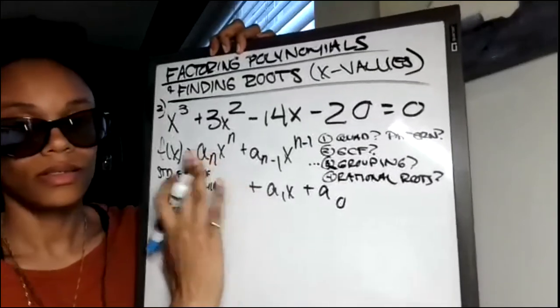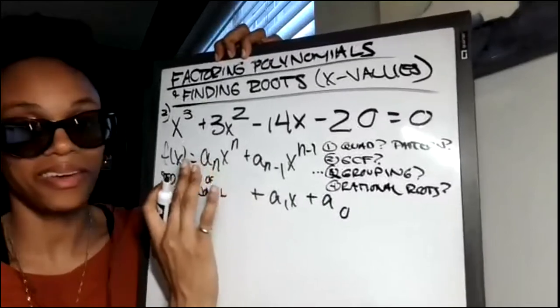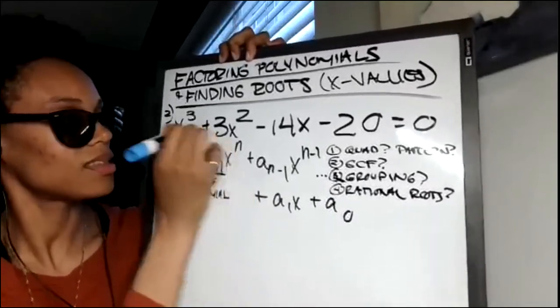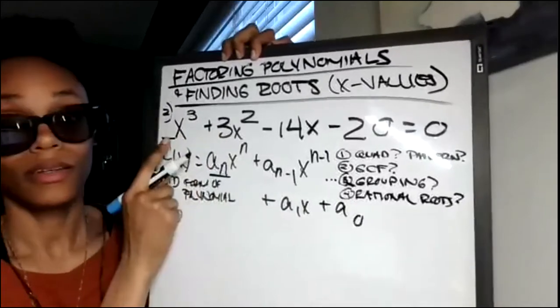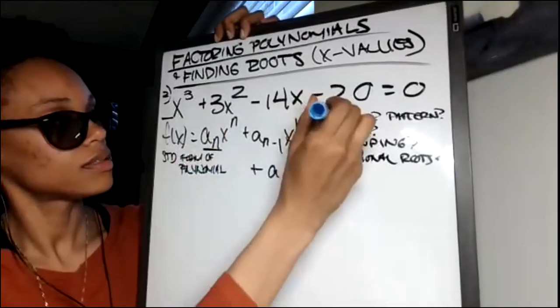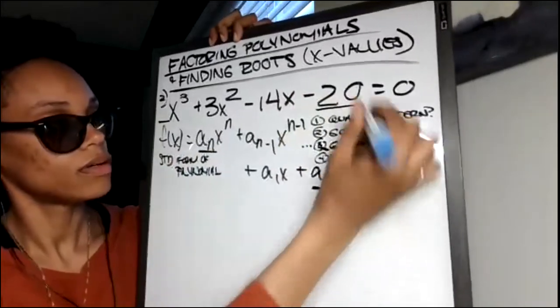And it's just the variable with all these terms, to tell you that this is A_n, your leading coefficient, and this is A_0, your constant term.